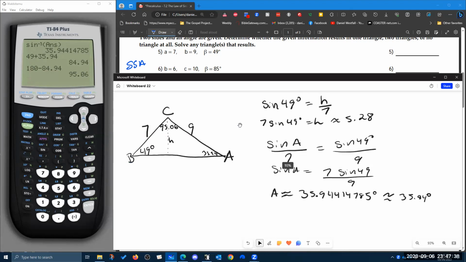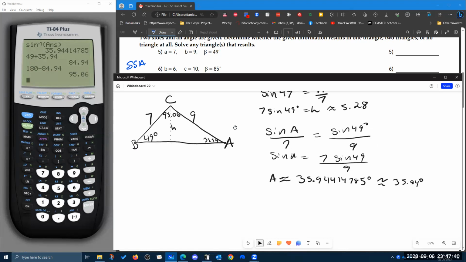Then I need to find side c over here. So I'm going to say c is to sine of 95.06.